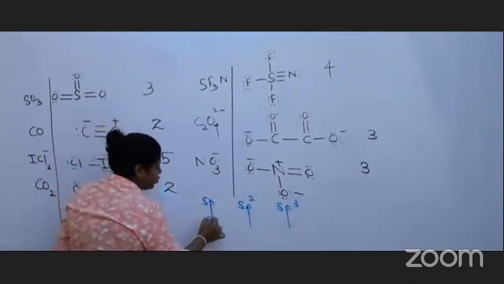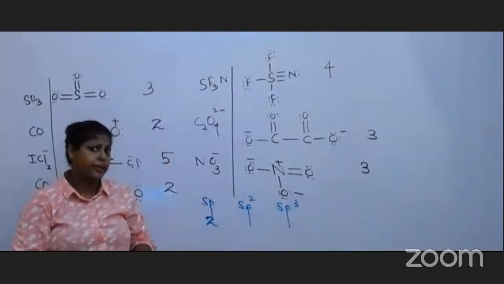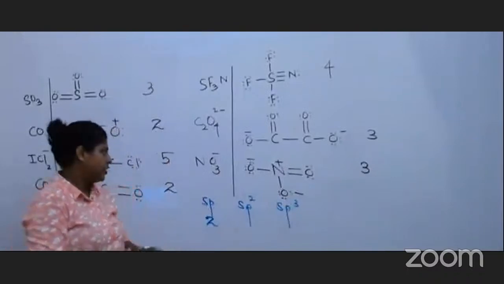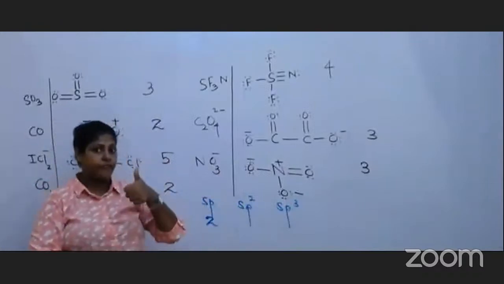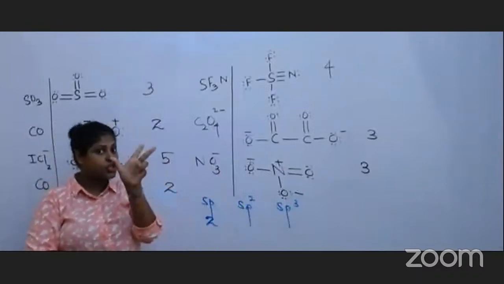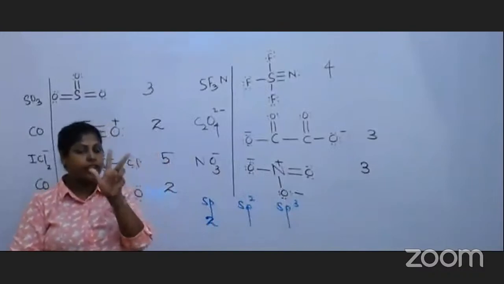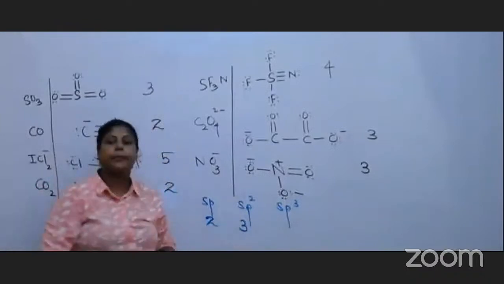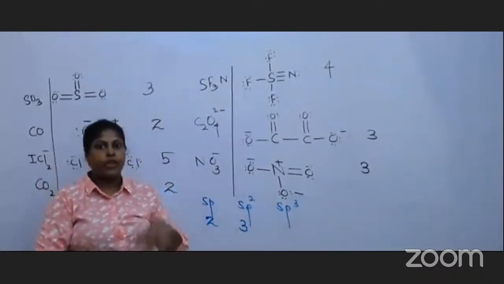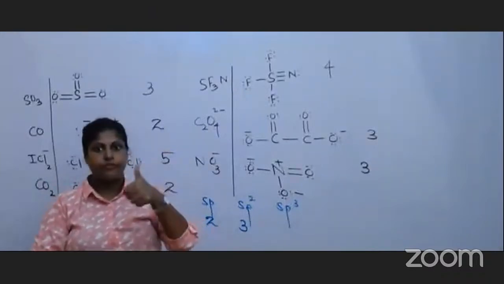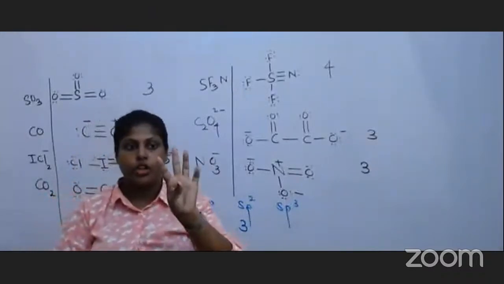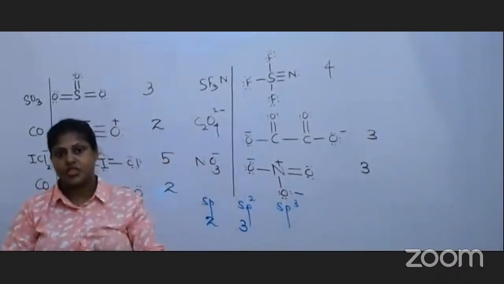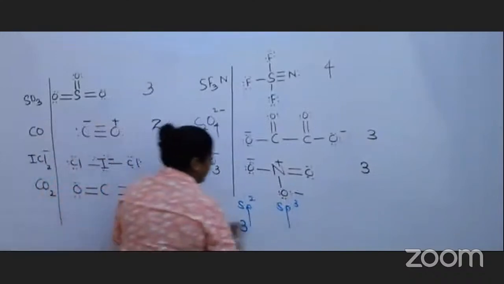When we have 2 VSEPR units, we call it sp hybridization. For sp2, 1 for s and 2 for p, so in total we have 3. Therefore, when we have 3 VSEPR units, we call it sp2 hybridization. When we have 4 VSEPR units, 1 for s and 3 for p, we call it sp3 hybridization.